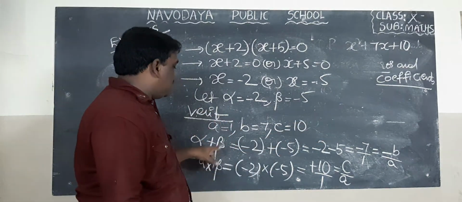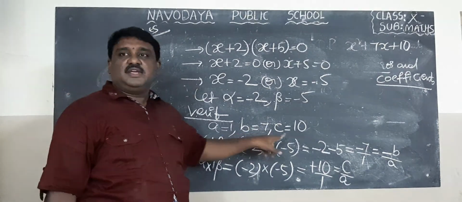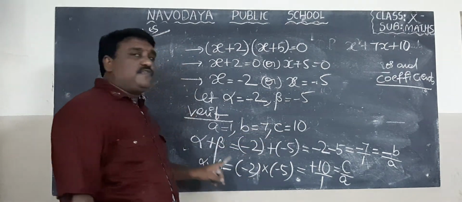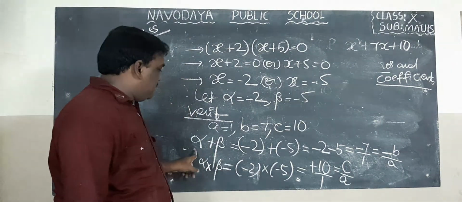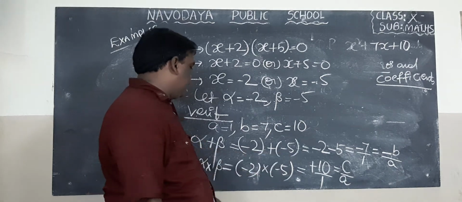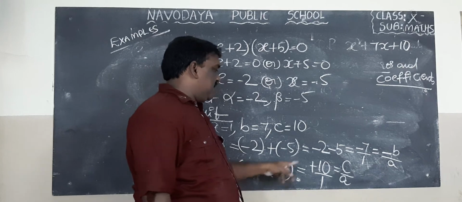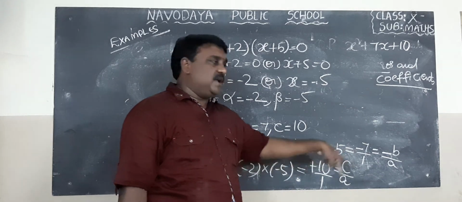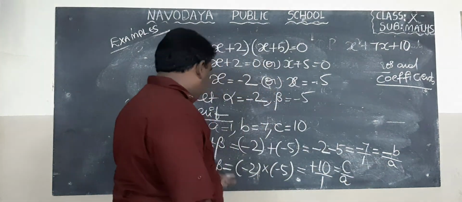What are the coefficients? a value 1, b value 7, c value 10. Alpha plus beta: alpha value minus 2 plus beta value minus 5. Sum of the zeros, alpha plus beta, what we get? Minus 7 by 1. What is 7? b. What is 1? a. Minus b by a.